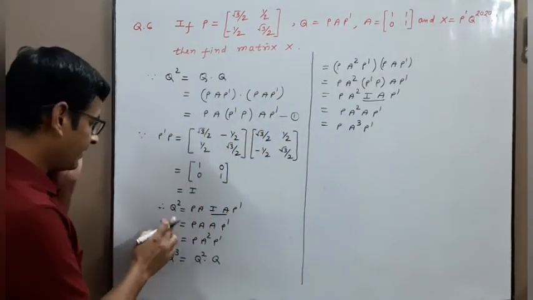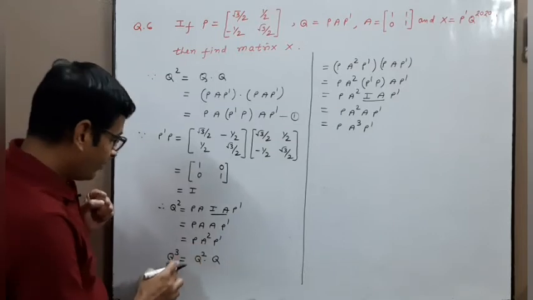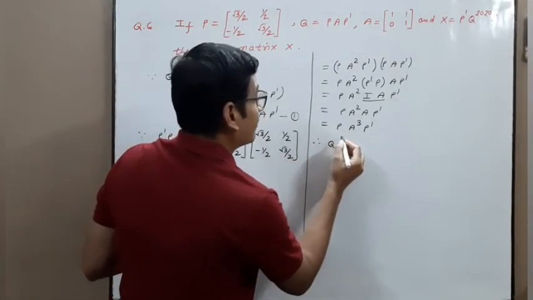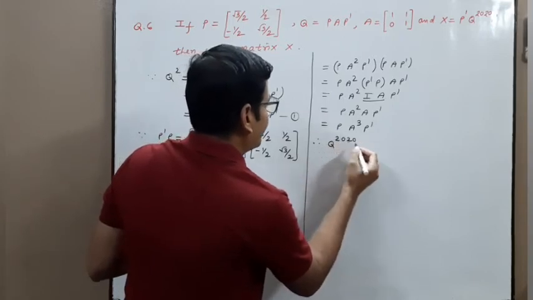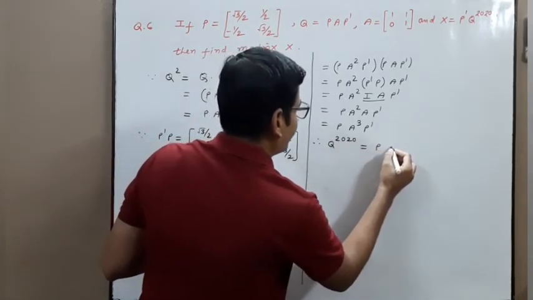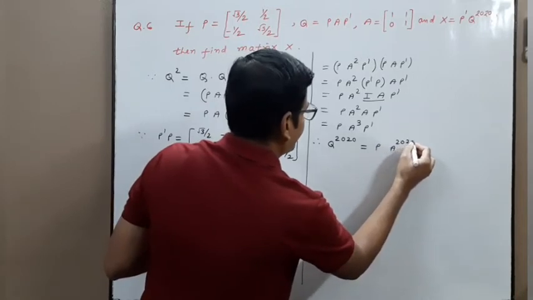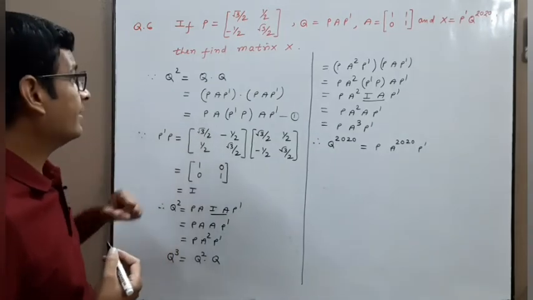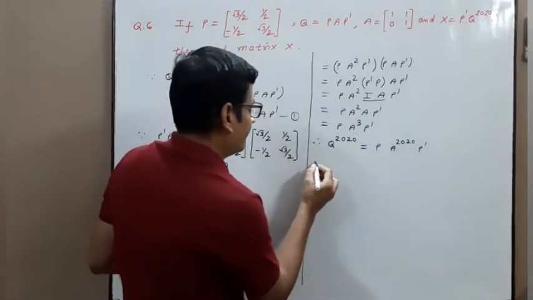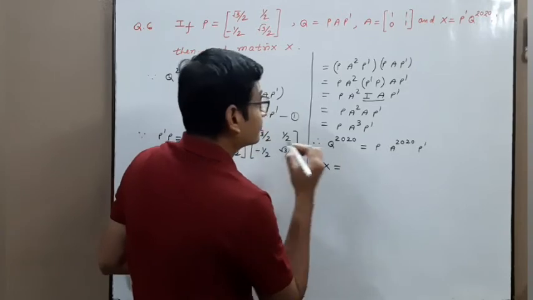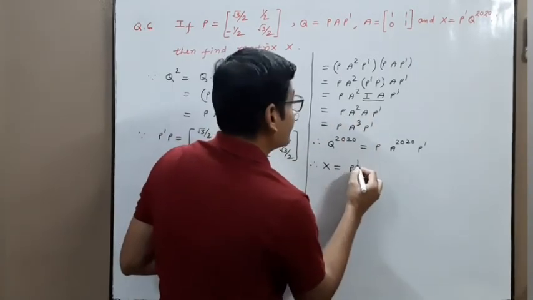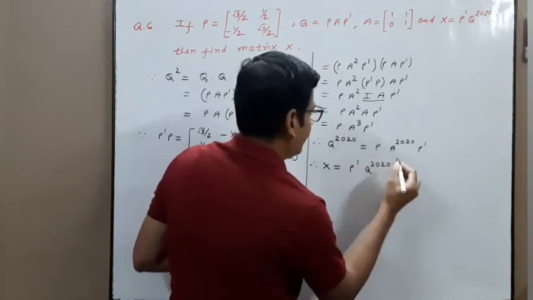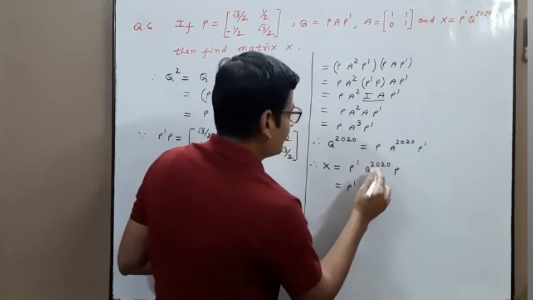Look, what is coming here: in Q square, A square is coming, and in Q cube, A cube is coming. Therefore Q raised to the power 2020 will give you P A raised to the power 2020 P dash. Now we have to find X. Therefore X is equal to P dash Q 2020 and P. Now substitute the value of Q 2020.